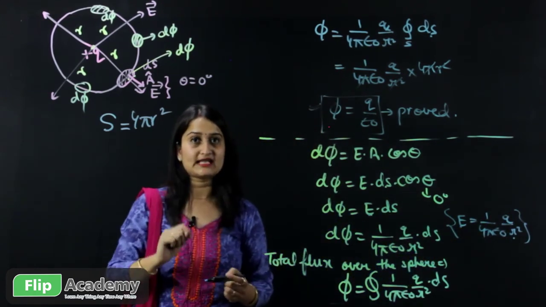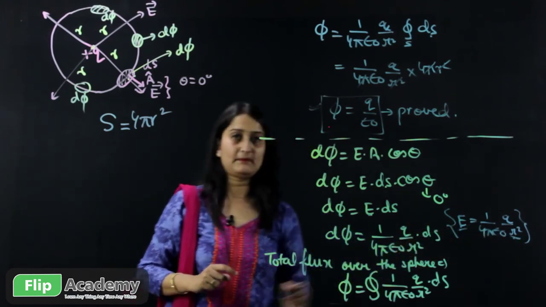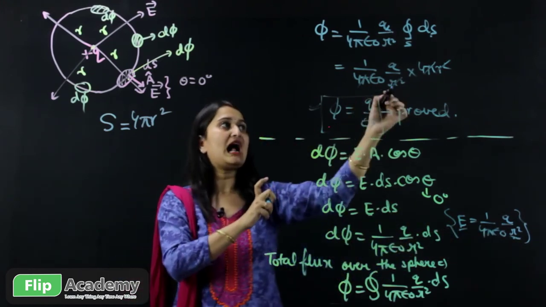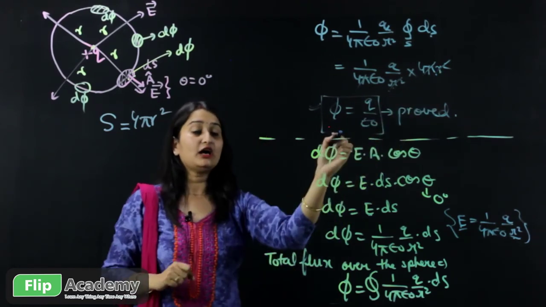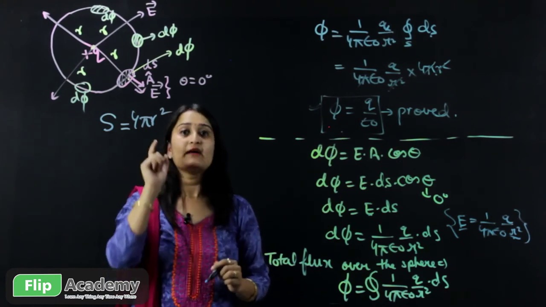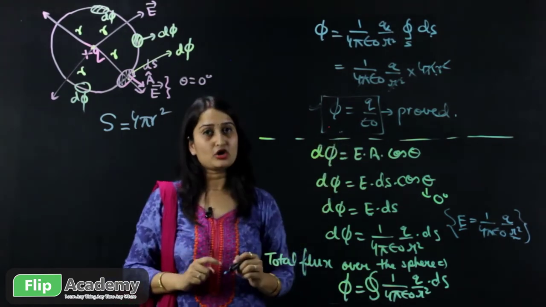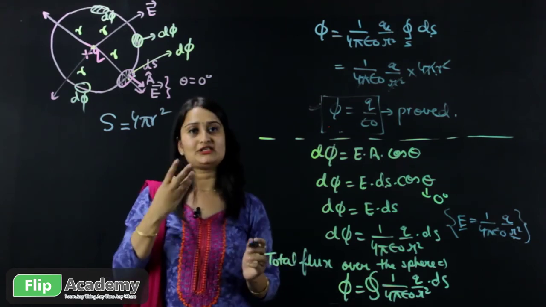So it is called the inverse square law. If this were not applicable, then r square would not get cancelled out, and you would not get the Gauss law. That means the inverse square law is very important to get the Gauss law. So this is the fifth property that I told you to discuss later on.